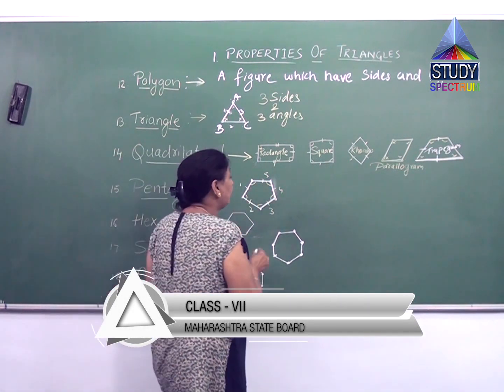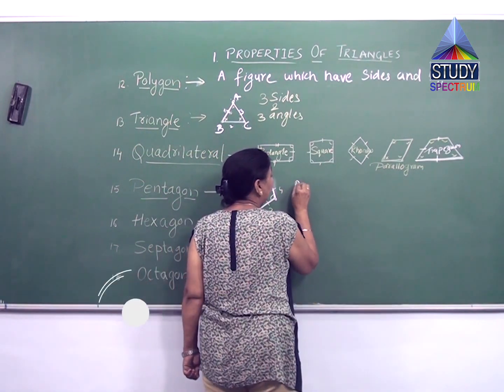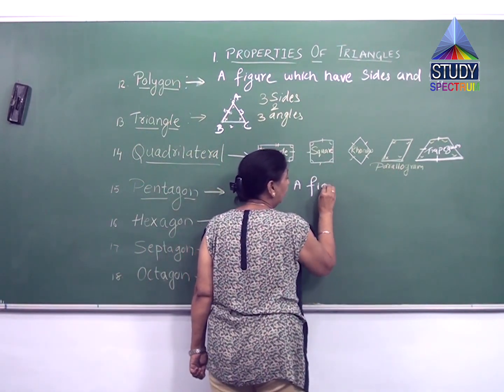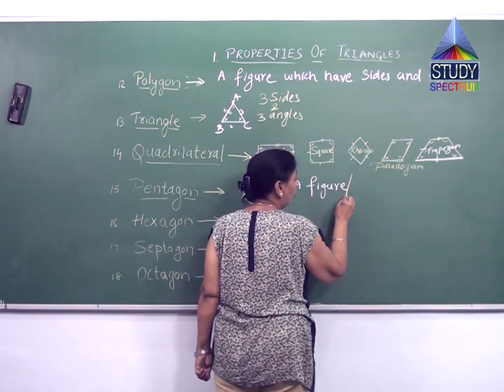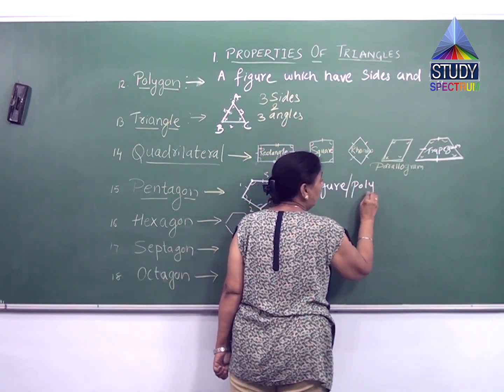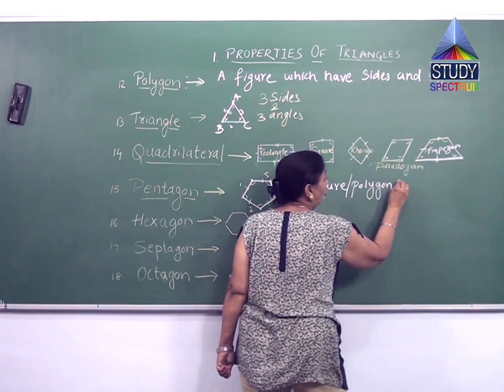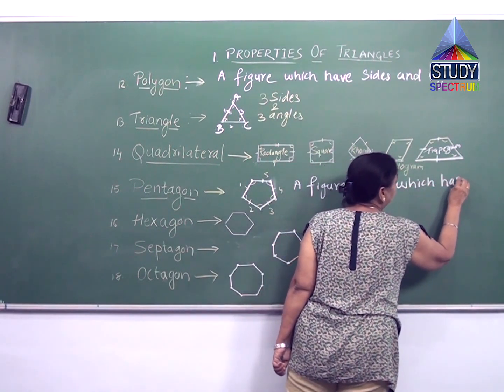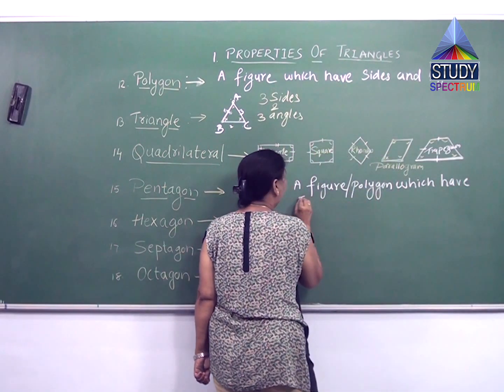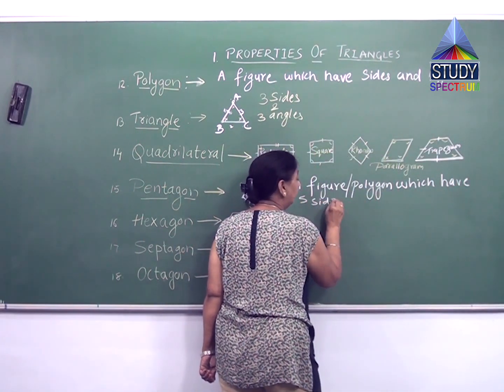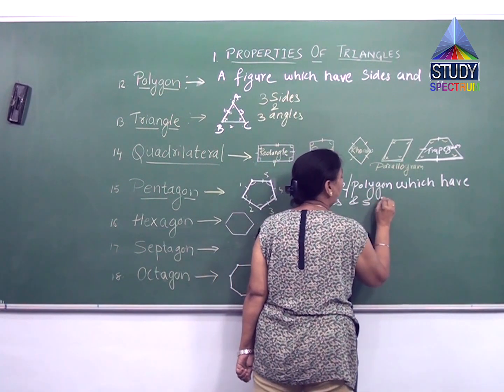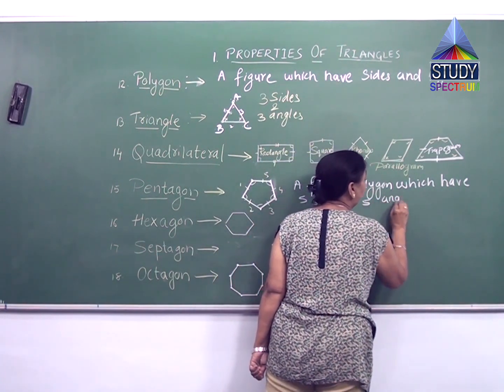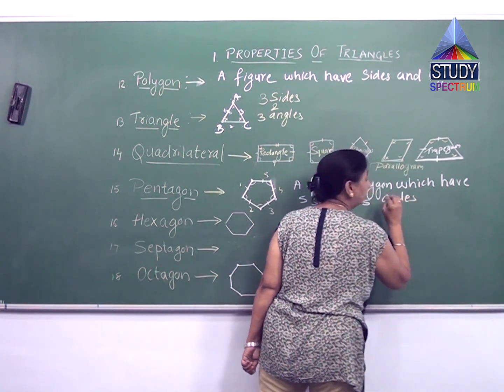So a figure or a polygon which has 5 sides and 5 angles is known as a pentagon.